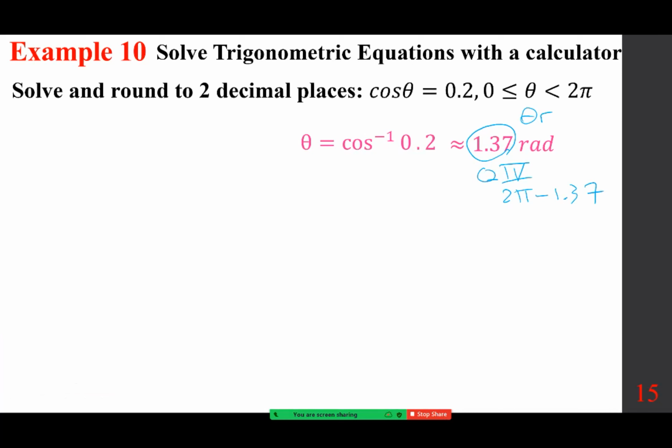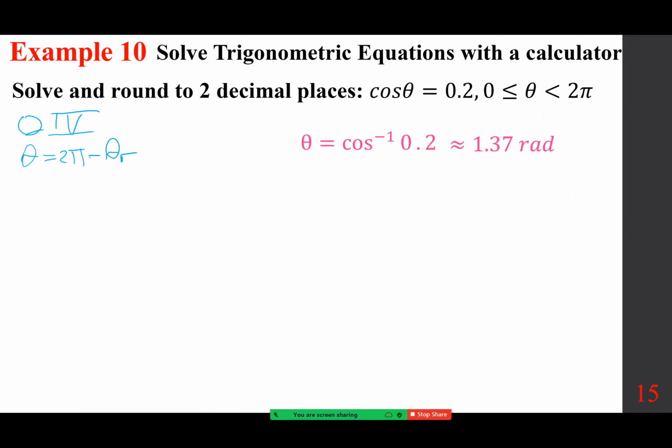Let me just write it here, quadrant 4. So in quadrant 4, theta is 2 pi minus theta sub r, the reference angle, which happened to be 1.37.